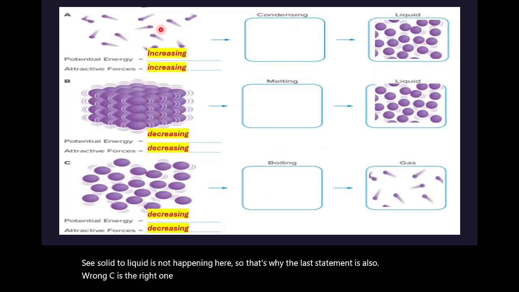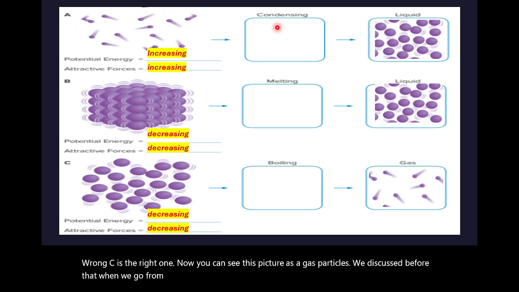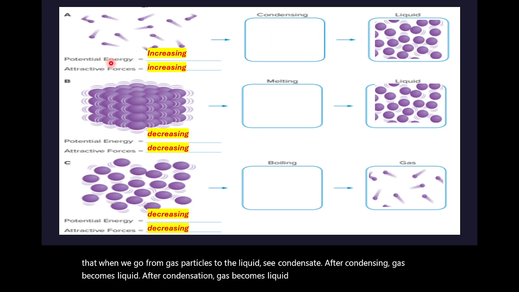Now you can see this picture as gas particles. We discussed before that when we go from gas particles to the liquid, after condensation, gas becomes liquid. So what is happening? Is potential energy increasing or decreasing?